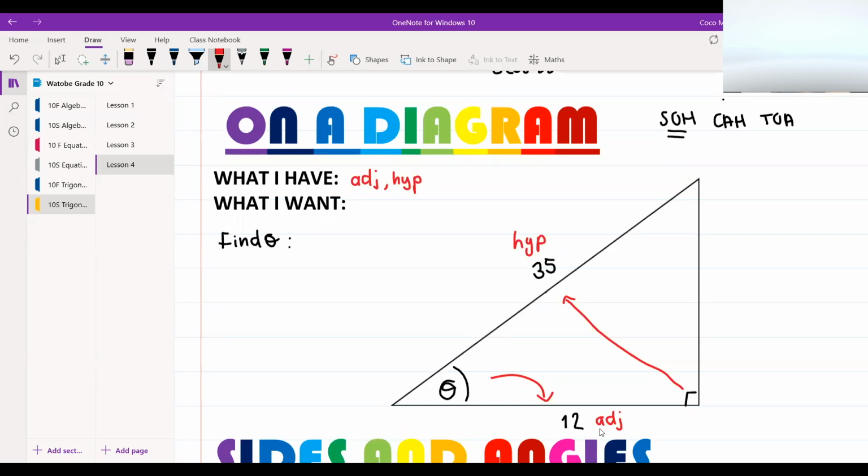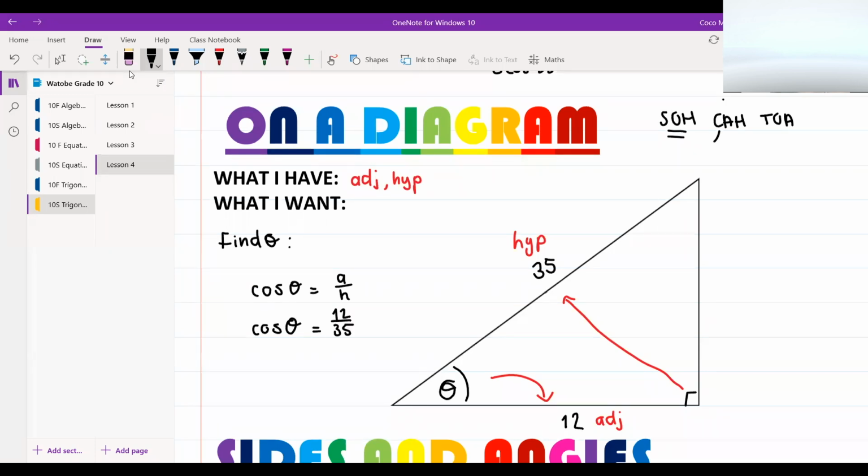CAH. So what does the C in CAH stand for? Cos. So I'm going to get cos of theta is equal to adjacent over hypotenuse. Now, I want you to finish the sum for me. If I go cos of theta is equal to 12 over my hypotenuse, give me a number. Over 35.